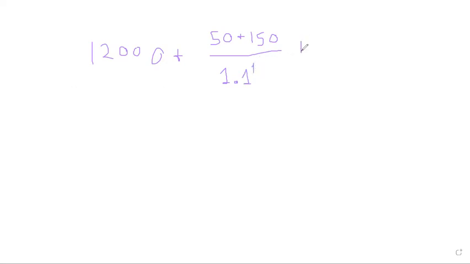Plus, for the second year, instead of 50 now, we have 75. So 75 plus 150 over 1.1 square.